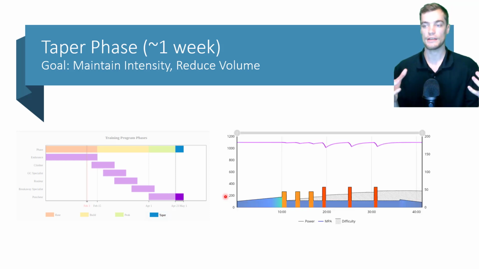And so during the taper phase or taper week, you might find some of our opener workouts recommended. The idea is that they still have intensity to keep you primed and ready to go on your event day, but they're not overwhelmingly long. They're designed to not leave you fatigued before your target event date.